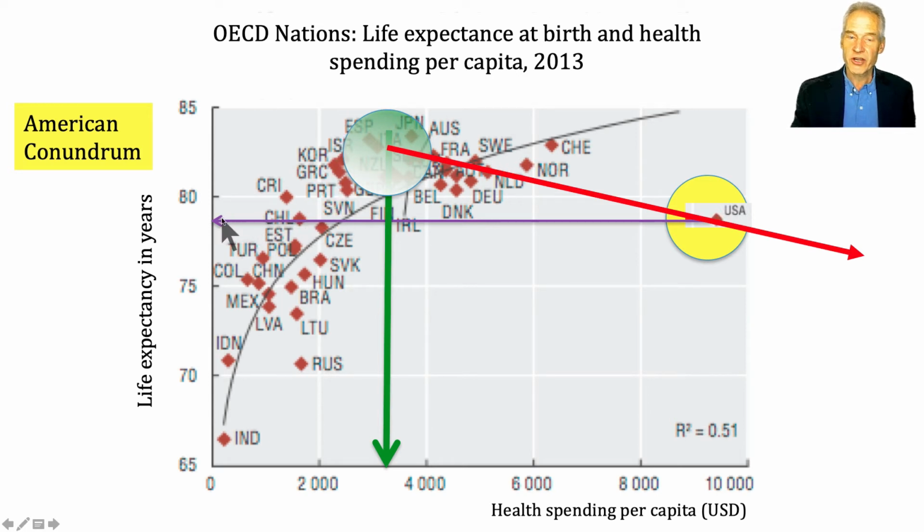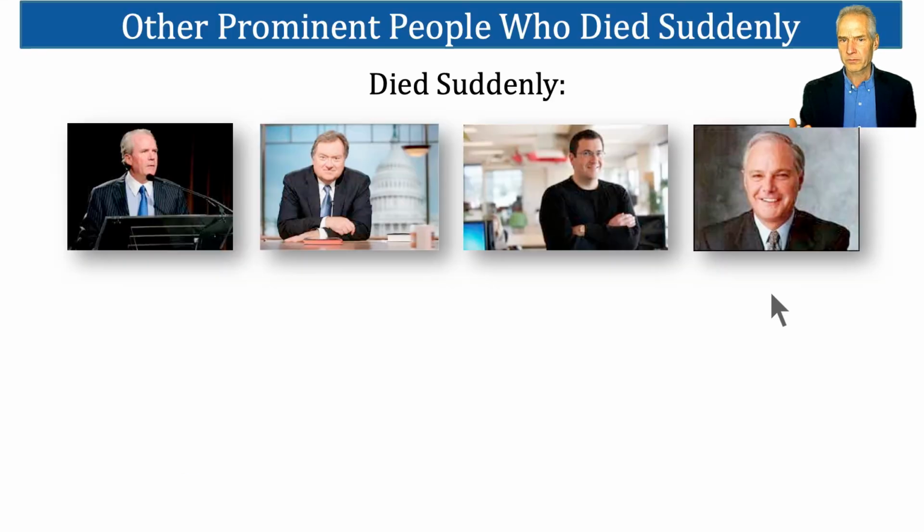We're averaging 78 years, whereas in Spain and Japan, they're averaging 84, 85, now even 86 in Spain. If you follow this curve, it simply says, from a very basic view, that the more we spend on healthcare, the shorter we live. So obviously, the interventions being used in America are not solving the mortality risk problem. They're not really solving the chronic disease risk problem.